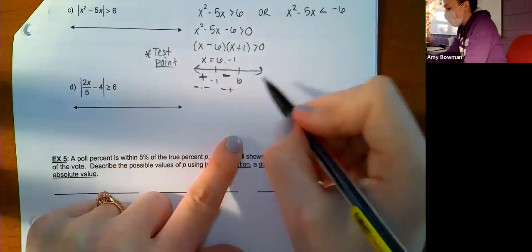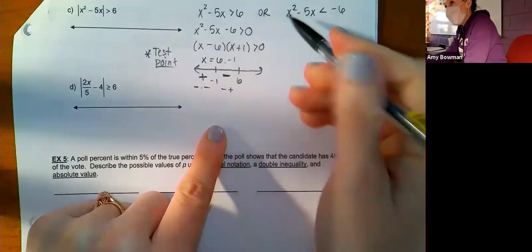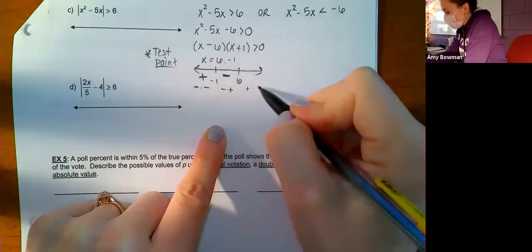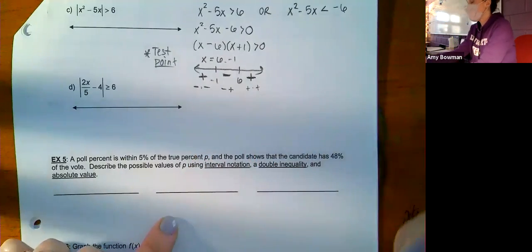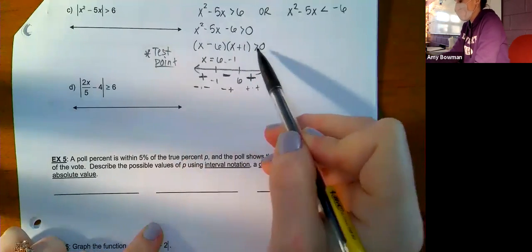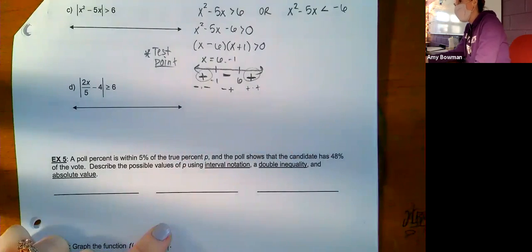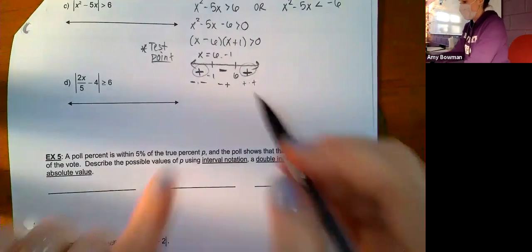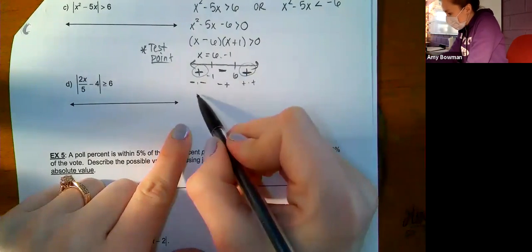Something greater than 6. 1 million minus 6, still positive. Plus 1, positive. Product, positive. Okay. We wanted the solution for when this whole thing was greater than 0. So I've got two pieces to that. It's everything up to negative 1, right?